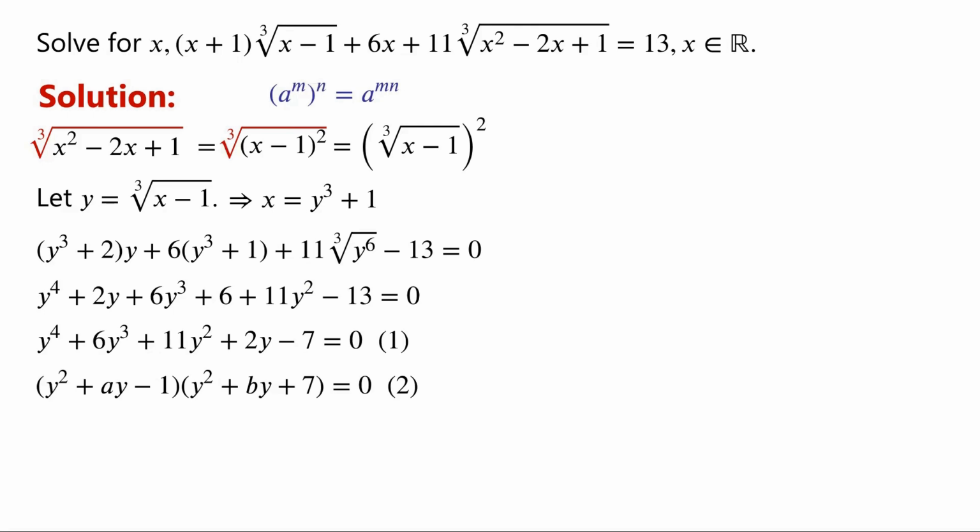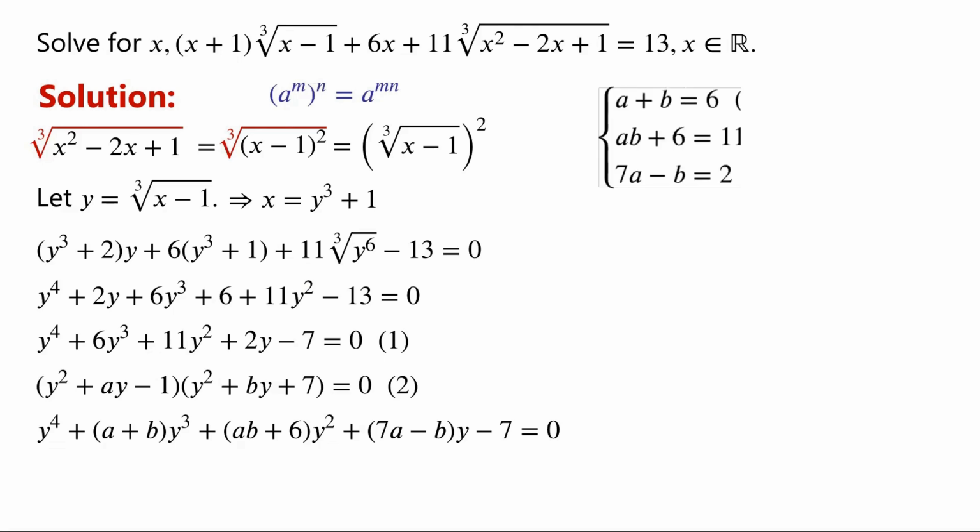Expand equation 2, we have y to the power of 4, plus a plus b times y cubed, plus ab plus 6 times y squared, plus 7a minus b times y, minus 7 equals 0. By comparing the coefficients of this equation with those of equation 1, we have a system of equations. A plus b equals 6. ab plus 6 equals 11.